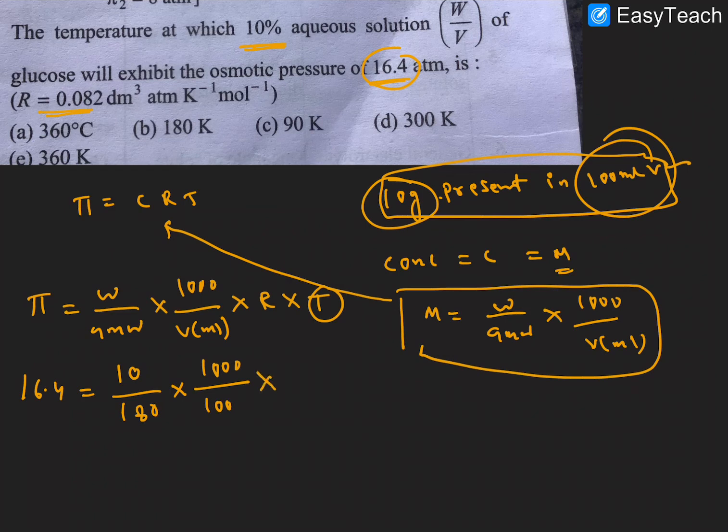The gas constant is 0.0821 into the temperature, which we don't know, so we have to find the temperature. Finally, from the calculation we get 360 Kelvin temperature. So this is the way of doing this question. I hope it's clear. Right, next one more model question.